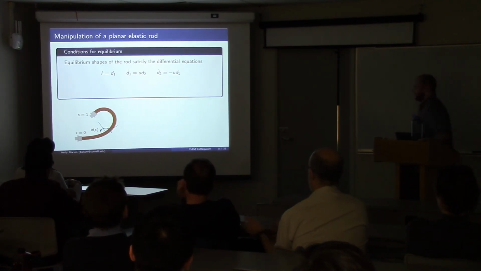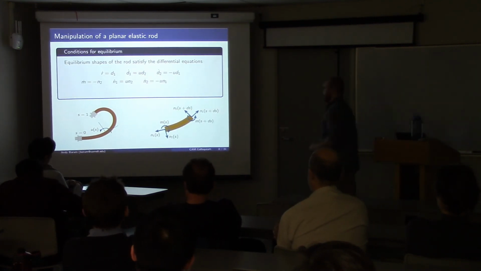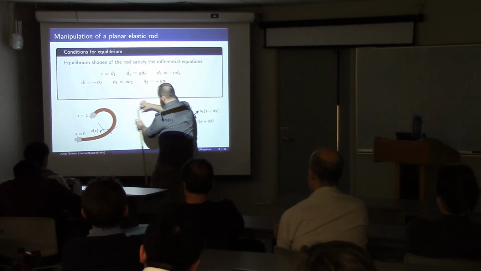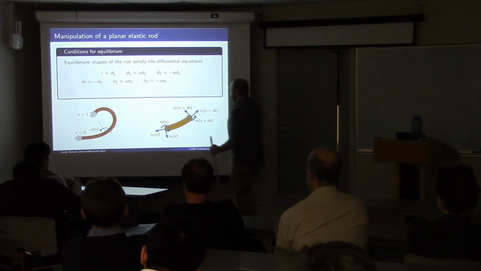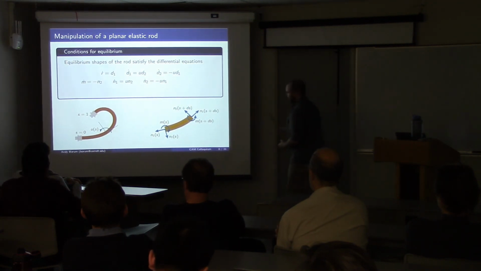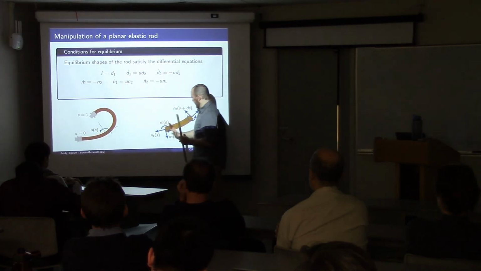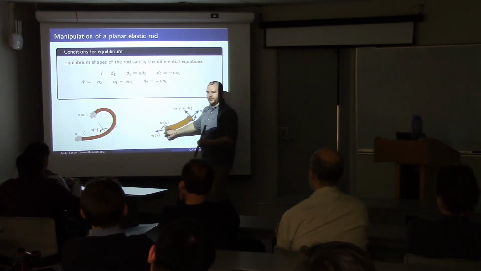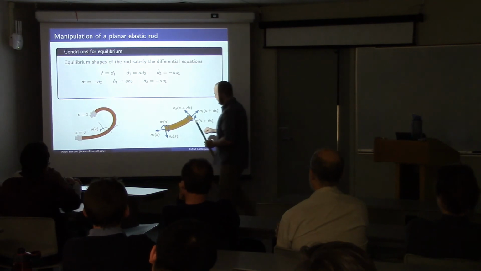So now what we're going to do is take a small piece of this rod, a small segment, and blow it up over here. The portion of the rod that's to the left of this segment is applying some force and some moment to this end of the segment.